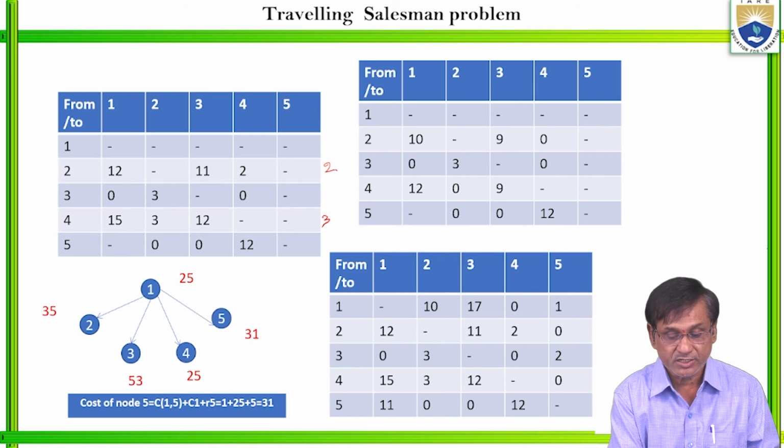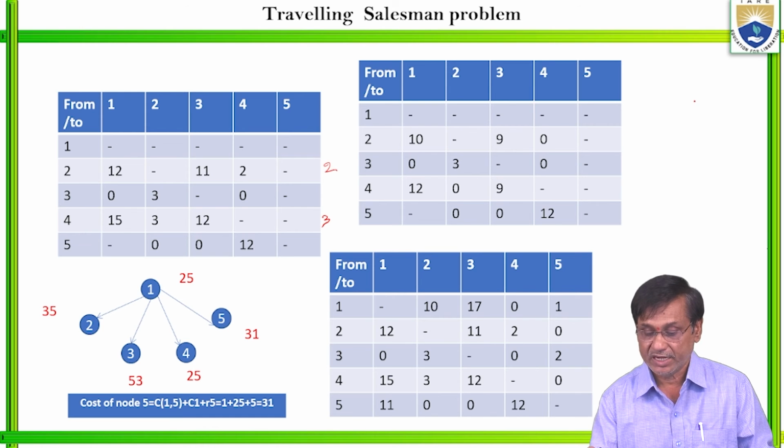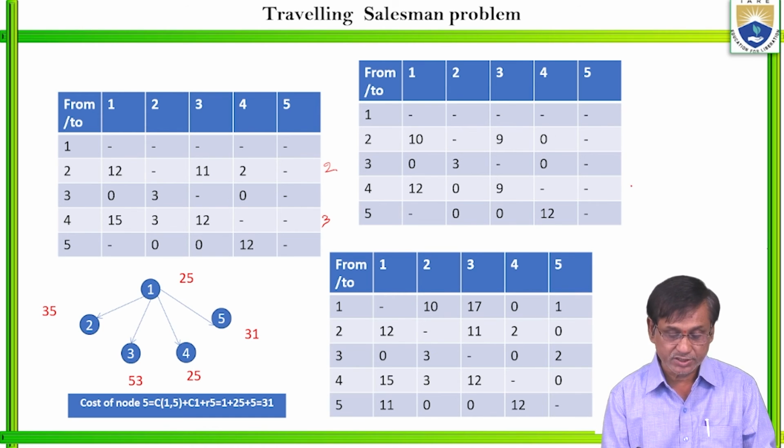That means replace the first row as well as the fifth column as infinities, and 5 1 is infinity. After that, we found 2 reduction is possible in this row and 3 reduction is possible in this row. So the total reduction is 5 possible in the rows. After reducing this, you are getting these values. In the column side, reduction is not possible. So the total reduction is 5.